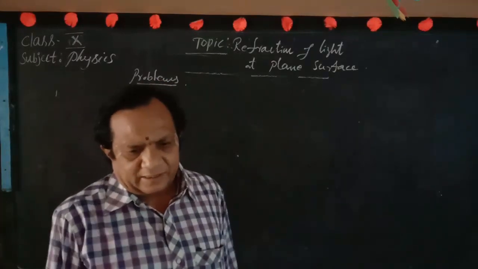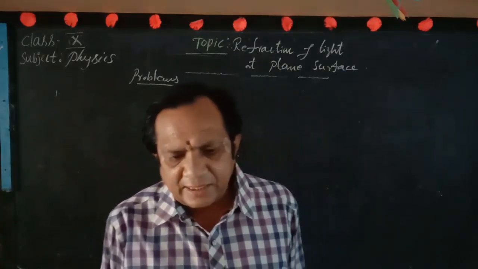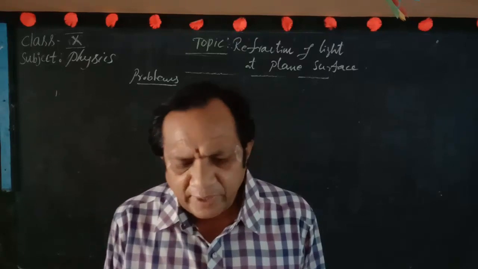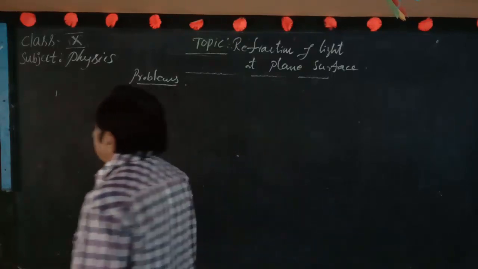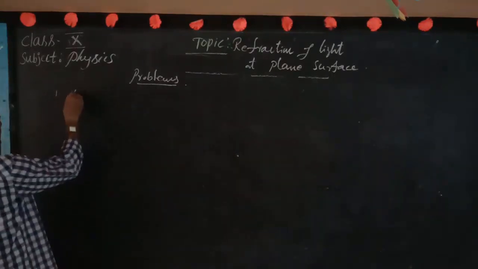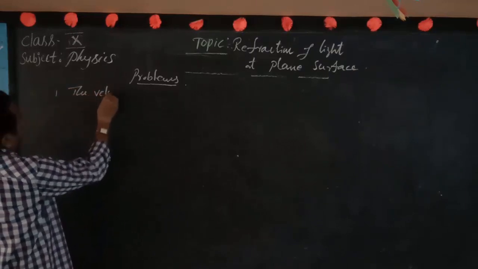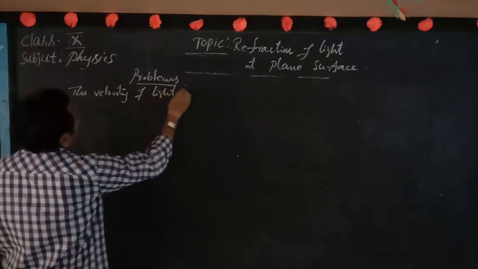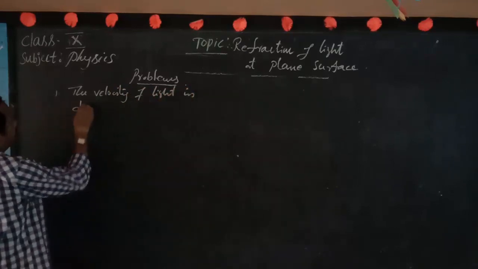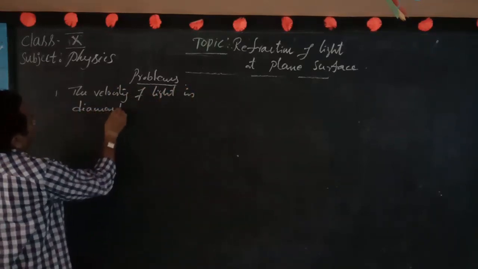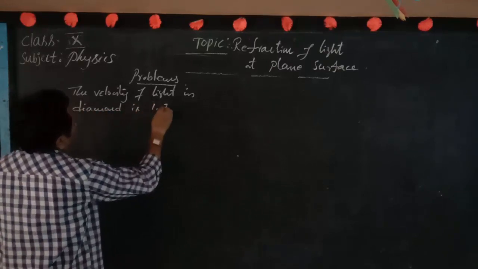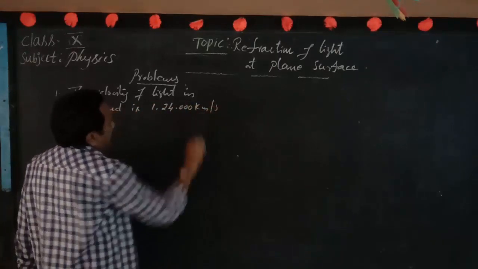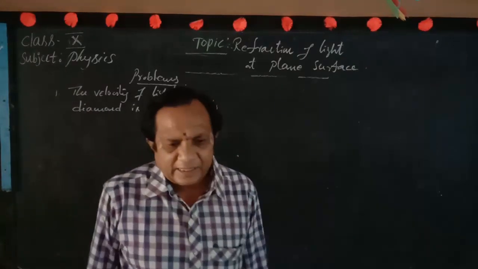First one to consider: the velocity of light in diamond is 1,24,000 km per second.